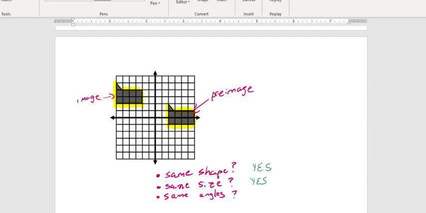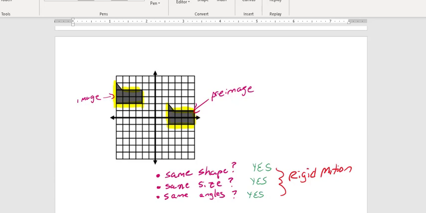And actually, if it's the same shape, it's going to have the same angles, so this one automatically is yes. With all of those things said, these three things are what make it a rigid motion. That goes back again to the first lesson.